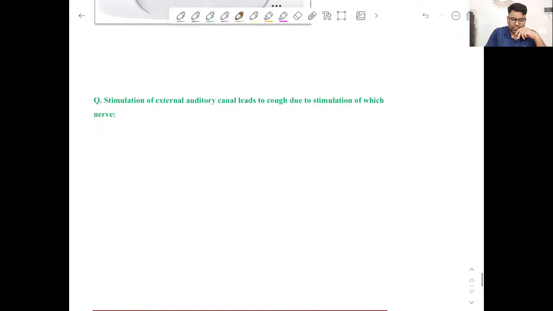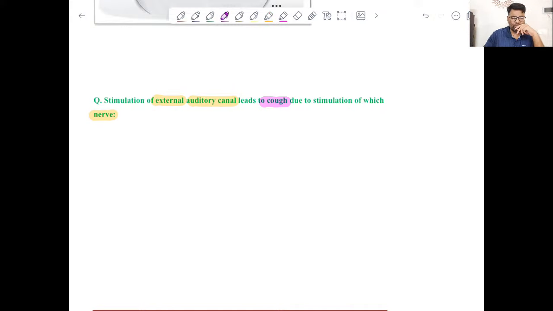Now this is one question which has been repeated in FMG as well. If there is stimulation of the external auditory canal, the patient starts coughing. Now which nerve is stimulated? Maybe some procedure was being done in the external auditory canal, and the patient started coughing.